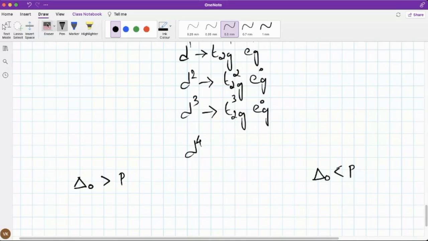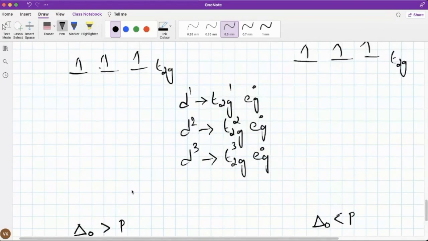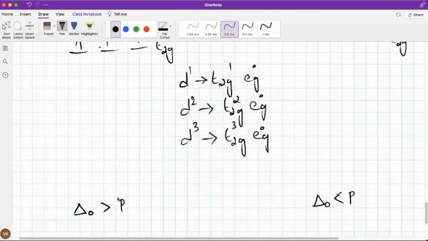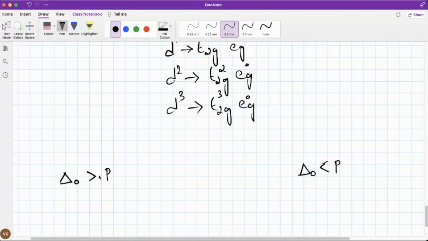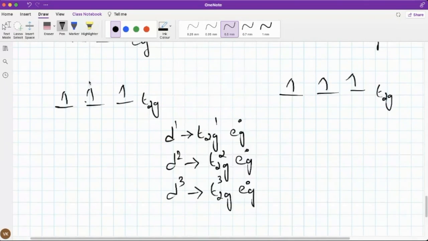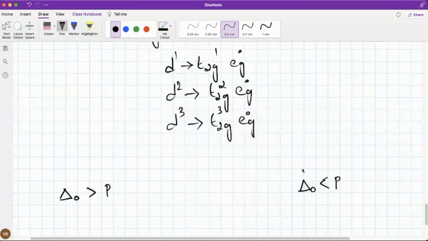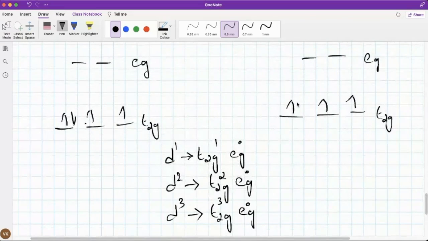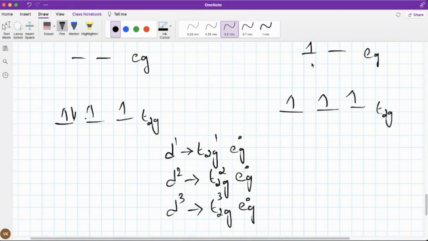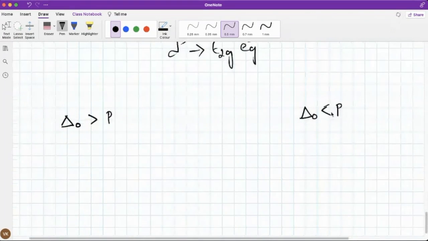When I go for D4 in the first case, the delta naught is higher than pairing energy, so the pairing energy is lower and it will prefer to pair. Whereas in this case, the delta naught is lower than pairing energy, so it will go easily to EG, as pairing requires much higher energy.